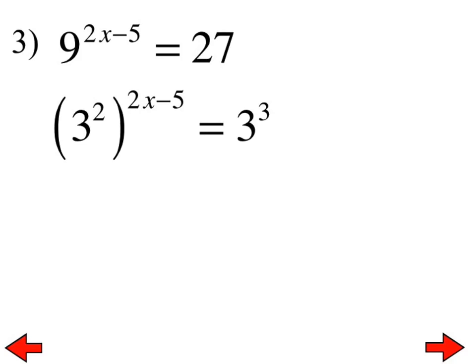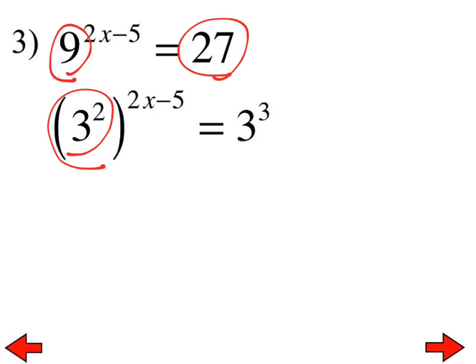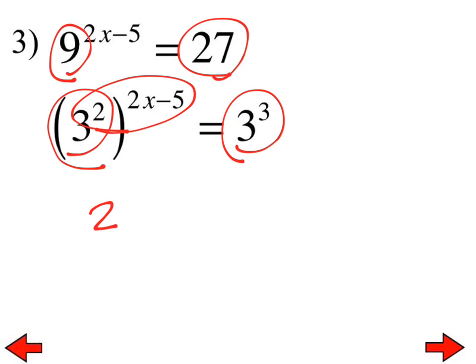Now, what I did here, once again, is I'm replacing 9 with 3 squared because they are equivalent to each other, and 27 with 3 cubed. Now we have to think back to the power to a power rule, because we've got a power to a power right there. But essentially what we're doing is setting these two exponents equal to each other.